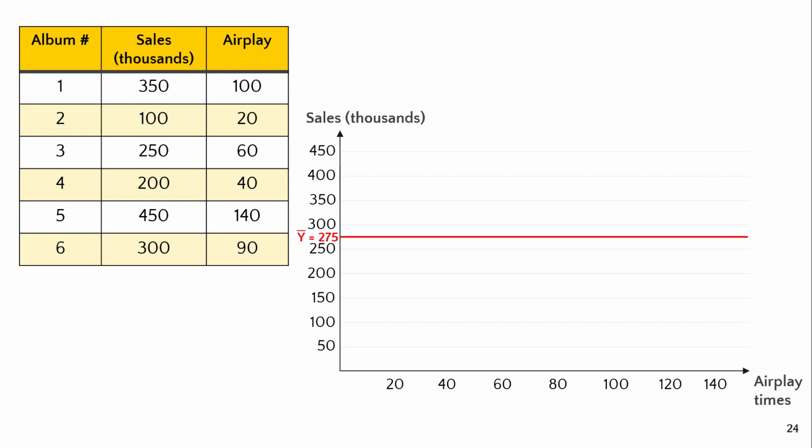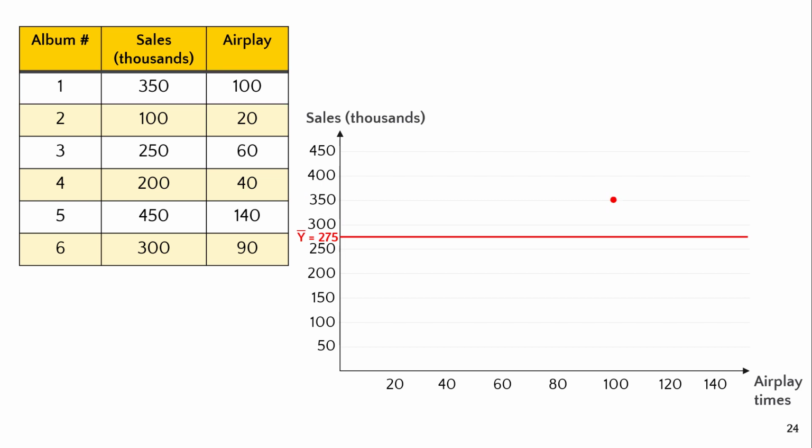To give you a clear picture, let's make a scatterplot of sales and airplay. Sales is the dependent variable, so we will put it on the y-axis, whereas airplay is our predictor, so we will put it on the x-axis. For album number 1, songs are played 100 times, and 350,000 albums are sold, so we mark our data point here.